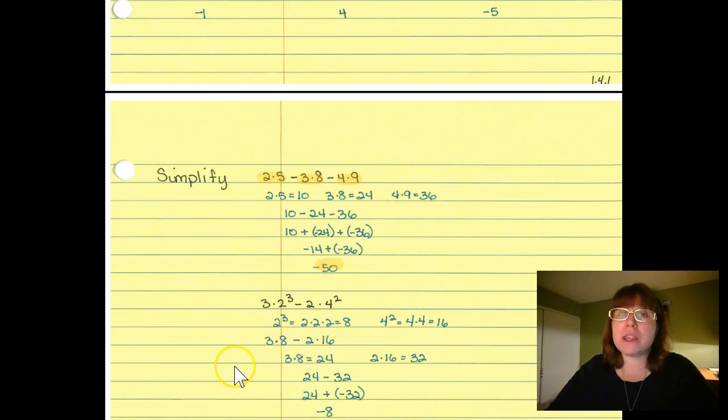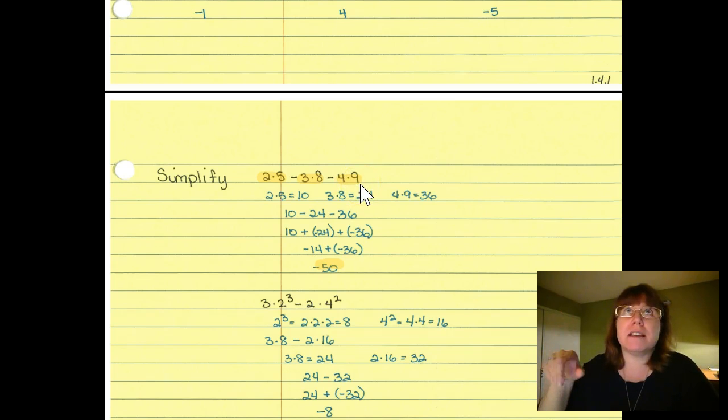Okay, let's try another one using our order of operations. We always have to follow order of operations. If I don't, and I just go from left to right, let's consider what this will be. 2 times 5 is 10, minus 3 is 7. 7 times 8 is 56. 56 minus 4 is 52. 52 times 9 is really big, right?